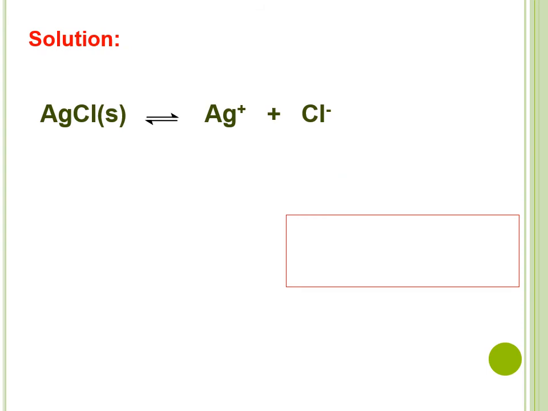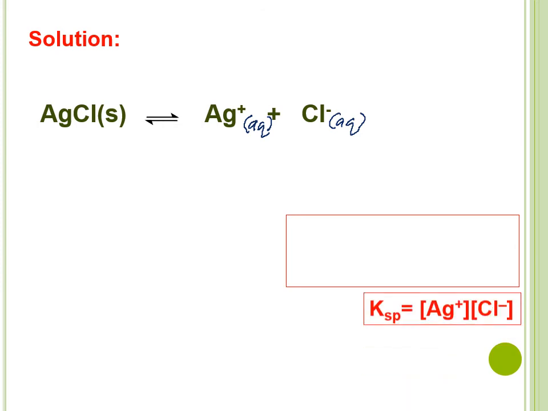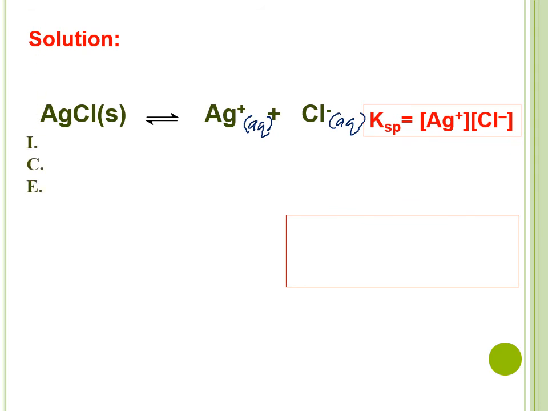The first thing that we need to do is to write the balanced equation. AgCl solid becomes Ag+ aqueous and Cl- aqueous. And then we are going to do an ICE table for solubility. Initially, the concentration for Ag+ is 0.